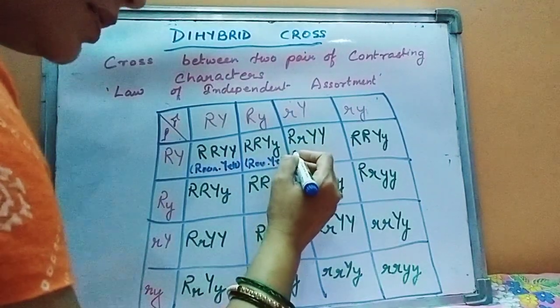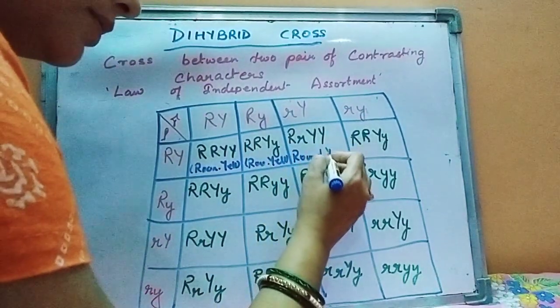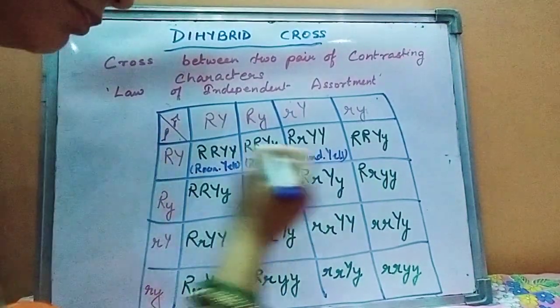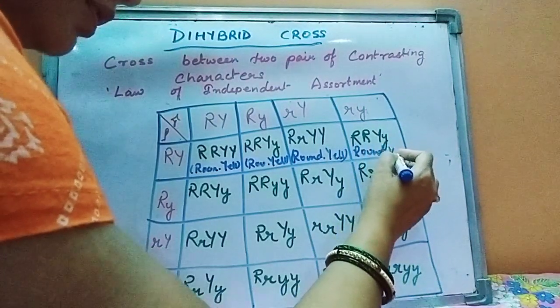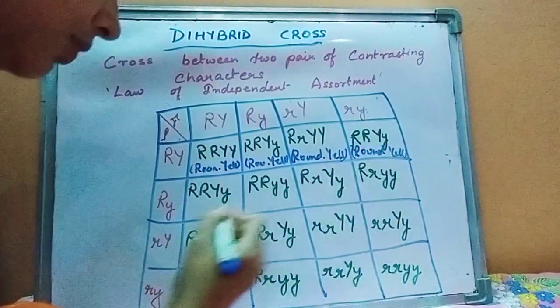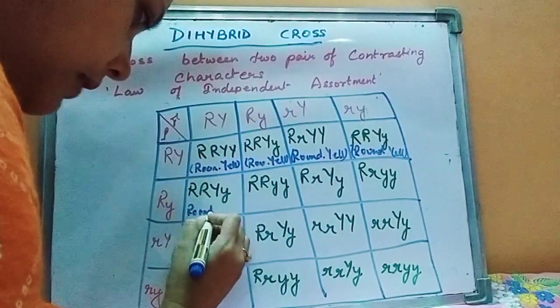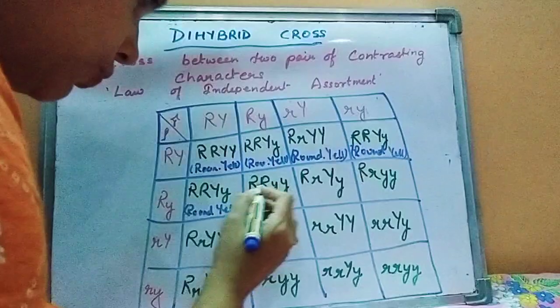This is also, you can see, whenever there is a capital, you have to understand that it will be the dominating, expressive character. Here also round yellow. Here also round yellow. So you can see that the dominating is coming many times in comparison to the other.